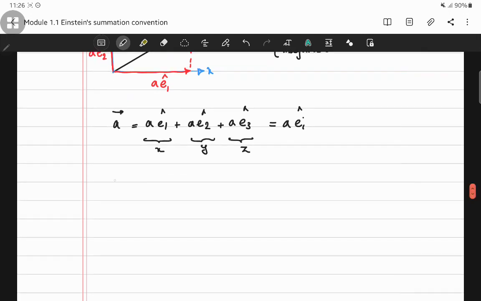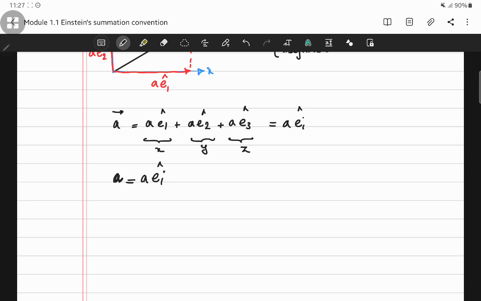So by dropping this arrow sign, you can rewrite this as bold a equal to a, the magnitude, which I do not bold here, and then I will have e_i here.